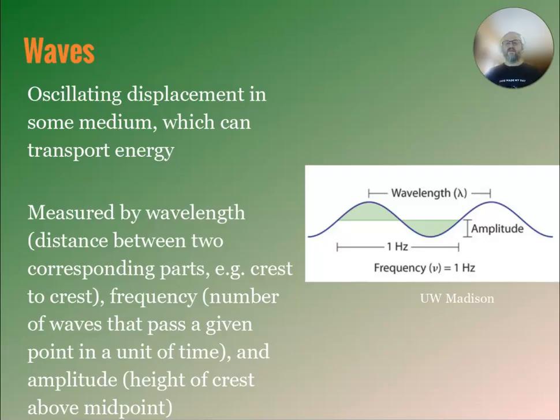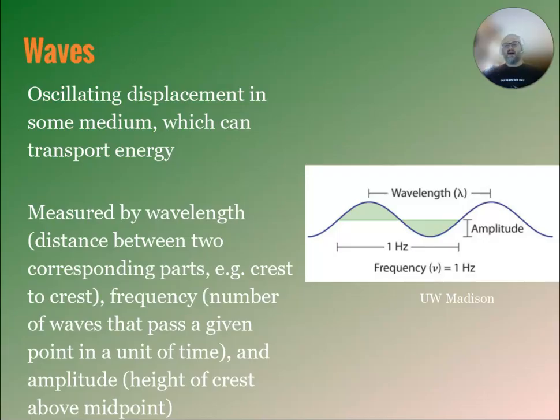You also have the frequency, which is the number of waves that pass a particular spot in a unit of time. So as that wave is moving, a certain number of those waves will go past a given spot in a certain amount of time. That is your frequency, how frequently you see the same part of the wave go by. And you also have the amplitude.